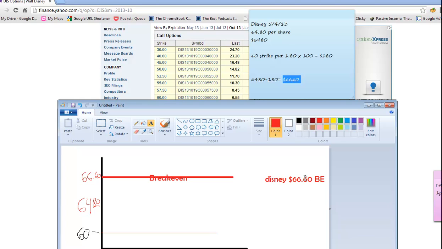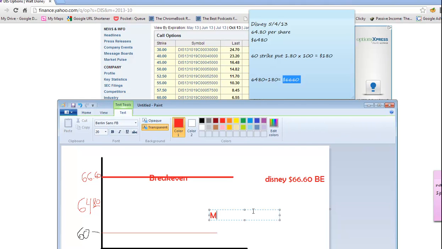And the most I can lose on this trade is the difference between the strikes. So what is my max loss?